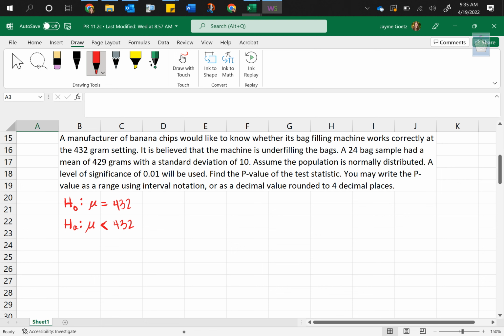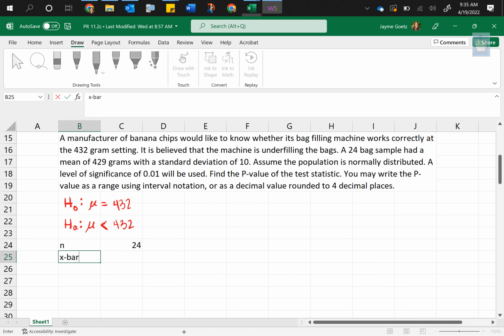Now, from this problem, let's figure out other information. It's believed the machine is underfilling the bags. A 24-bag sample, what does that mean? What variable? N, so my N value is going to be 24. Has a mean of 429 grams. What does that mean? Very good.